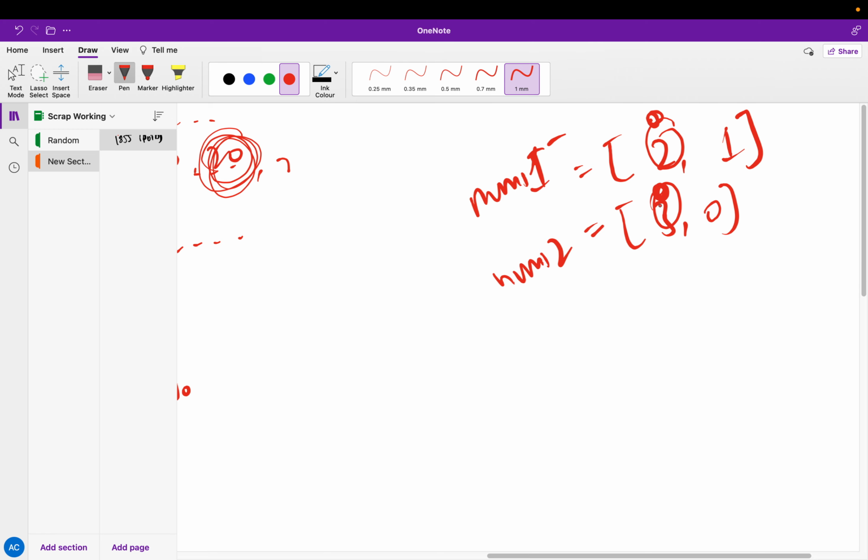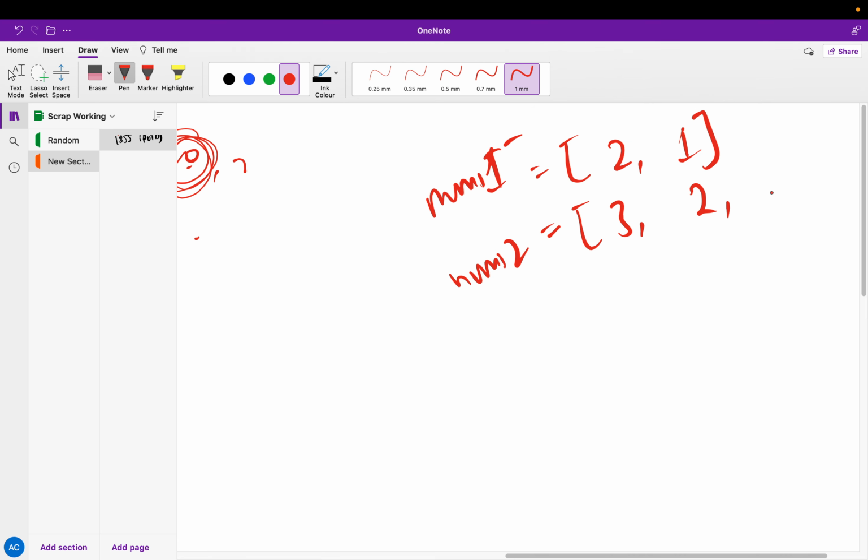Like this is a valid pair. Obviously the distance is 0, so it's not that effective, but maybe I should change the example. 3, 2, 0, and then this is 2, 2, 2, 2, 1, I think is fine.